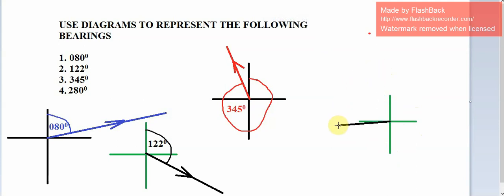So 280 will lie in between this space. But the midpoint here is 315. So it means 280 should be closer to the 270 line, the west, than the North Pole. So this can represent 280 degrees.